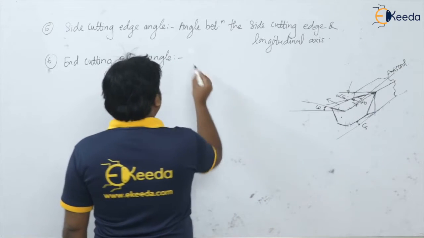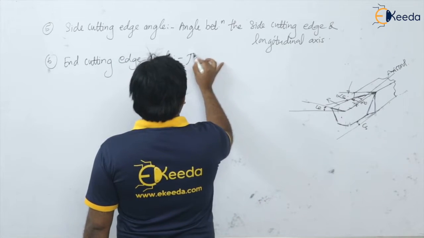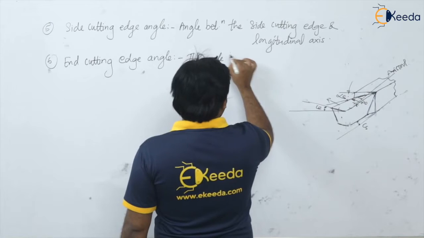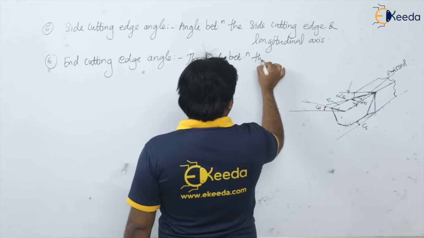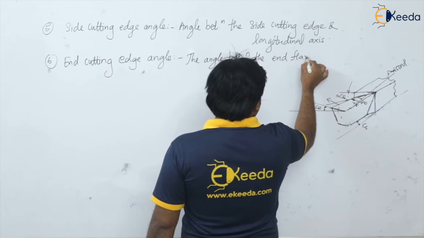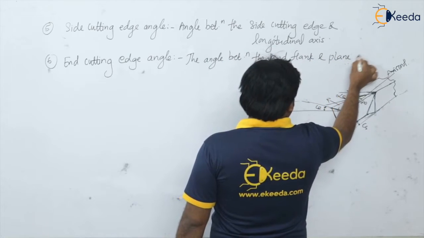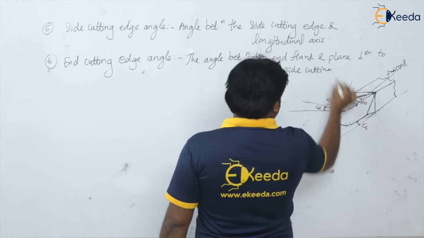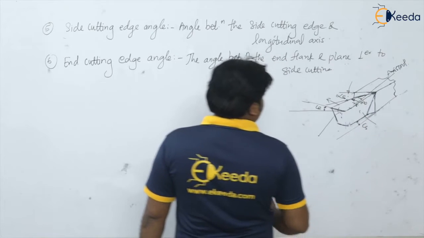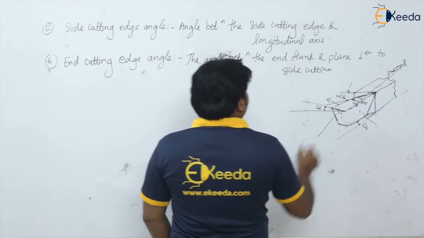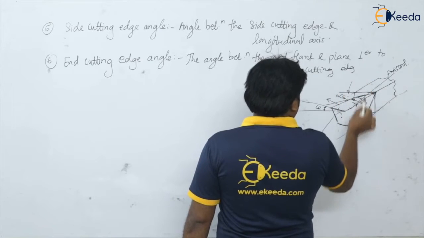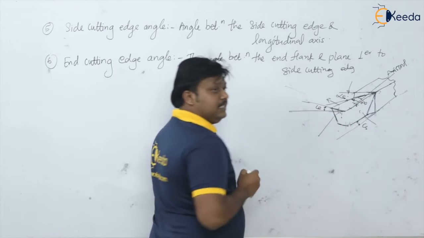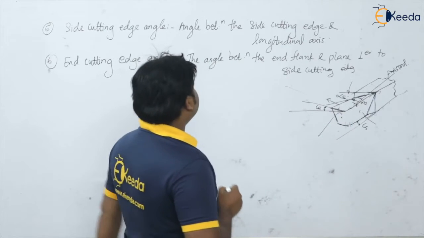The angle between the end flank and the plane perpendicular to the side cutting edge. This is the end flank, this is the major flank, the side cutting edge. So the plane perpendicular to the side cutting edge and this end flank, the angle between them is nothing but the end cutting edge angle.